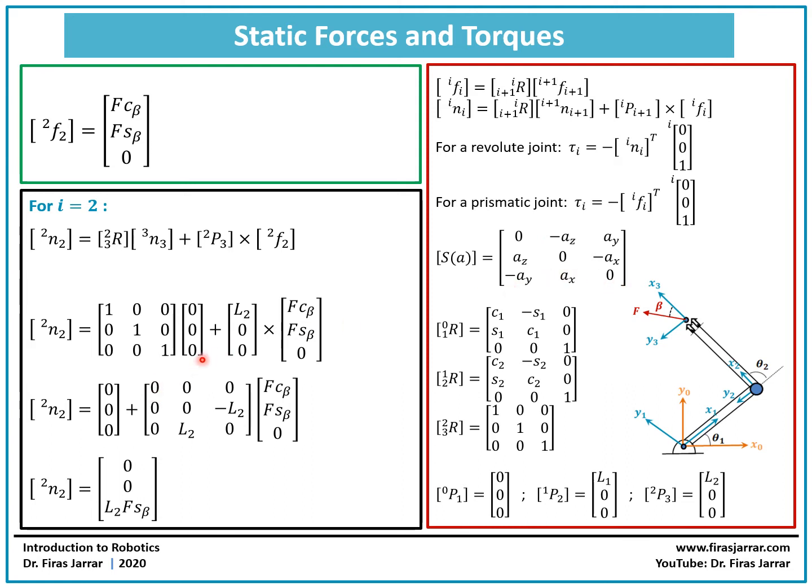Here we have only the X component, so I only substitute here and here, so we'll have minus L2 and L2. If you multiply these two matrices, the first row gives me a 0, the second row also gives me a 0, and the third row gives me L2 times F times sine beta. So now I have the moment about joint 2.